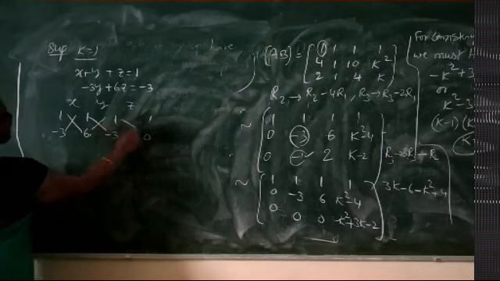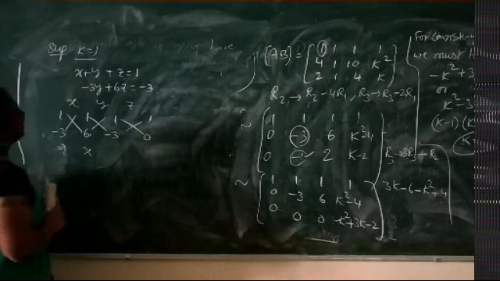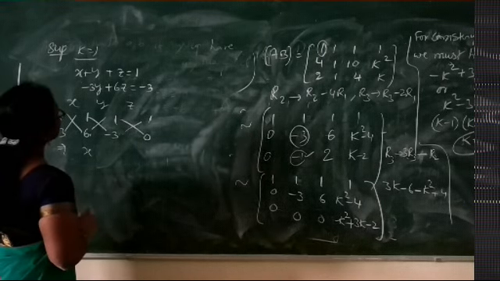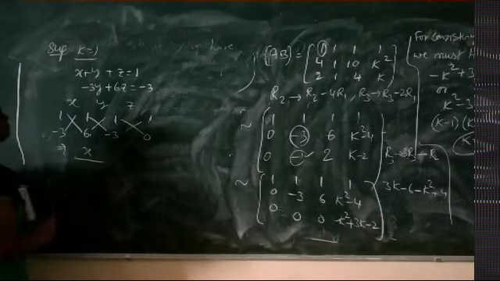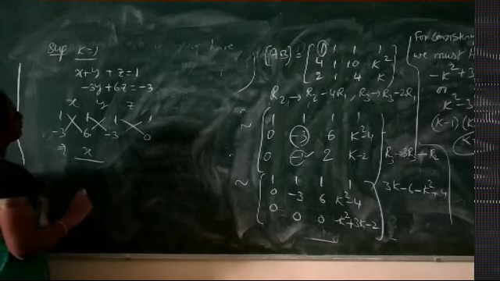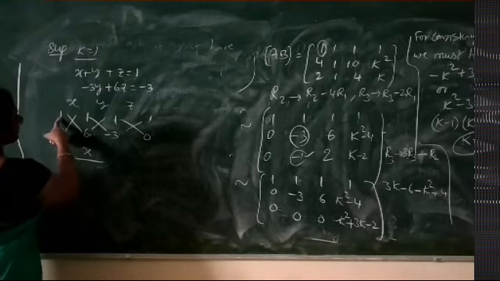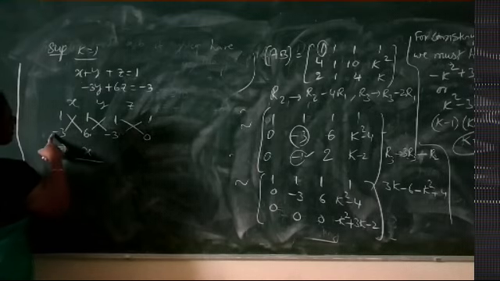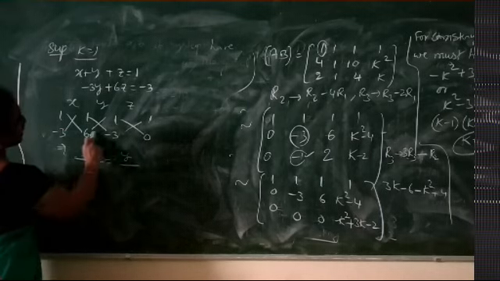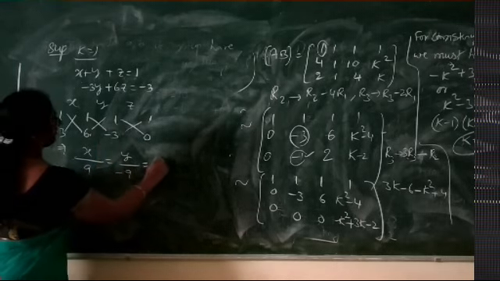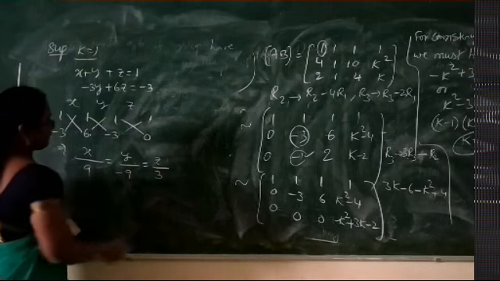On cross multiplication we are going to get x by 6 minus of minus 3, which is 6 plus 3, that is 9, y by minus 3 minus 6, that is minus 9, z by 1 into 0, 0, minus of minus 3, plus 3.